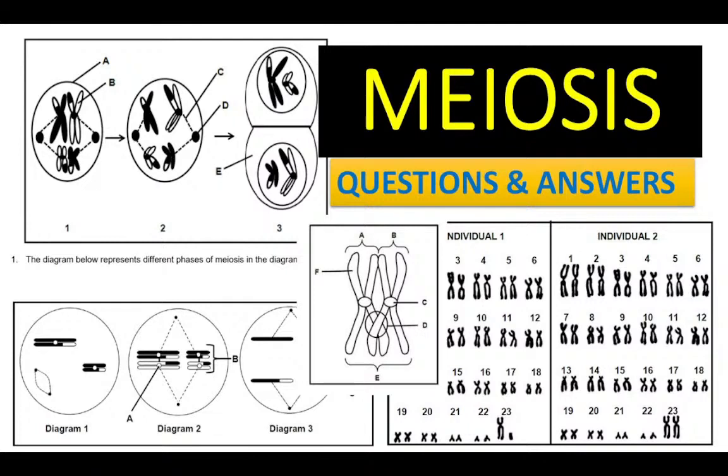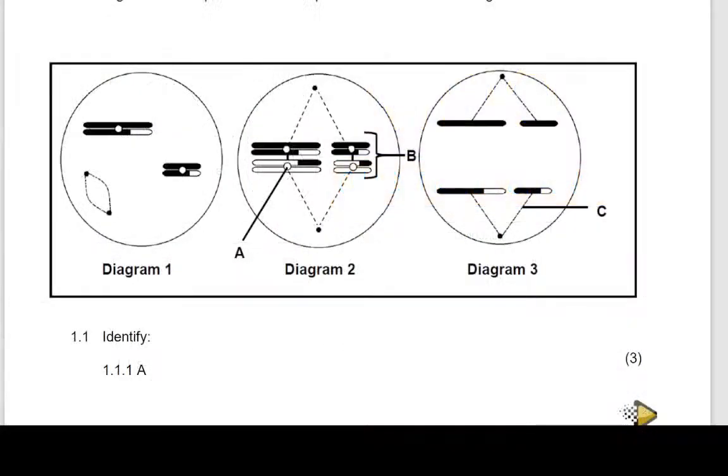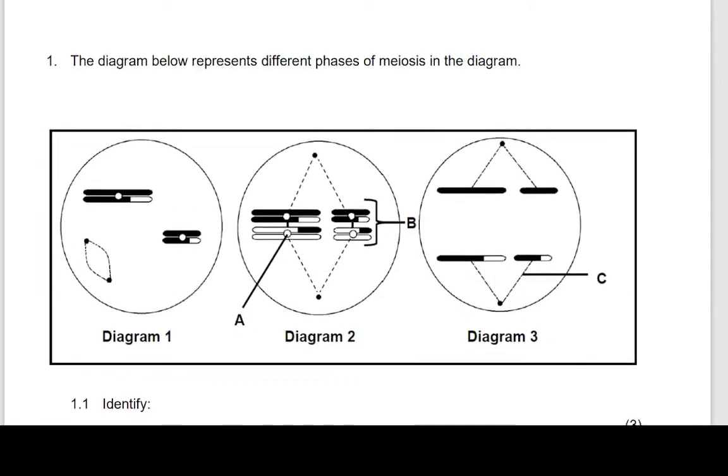Let me just give you a simple example. Look at this. This is not a question concerning a human cell, because they are not talking about a human cell here.